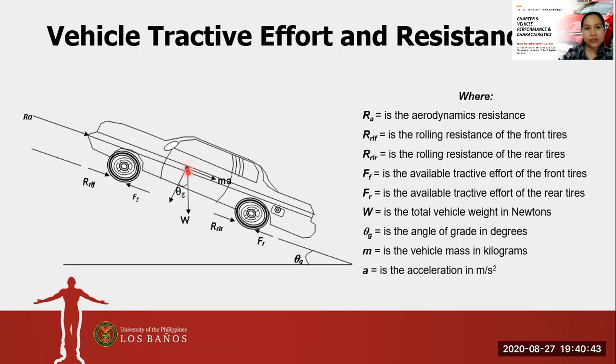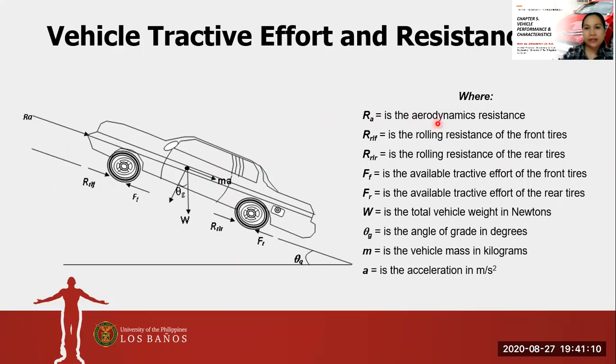If this is the centroid of the vehicle, the weight is here, and we have the resistance forces, which are RA and MA in the same direction, and then the RRLF and the RRLR.